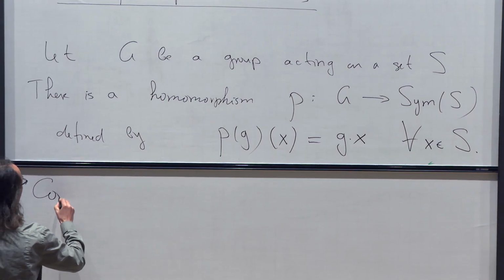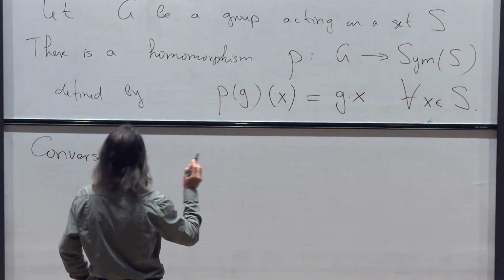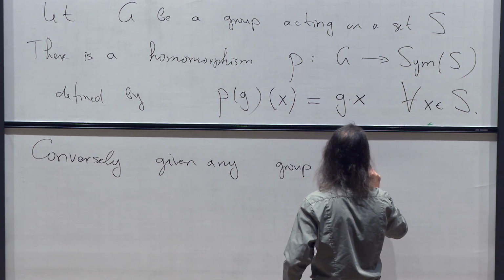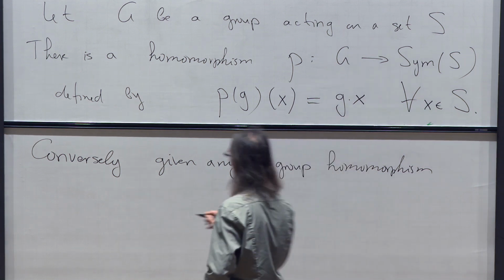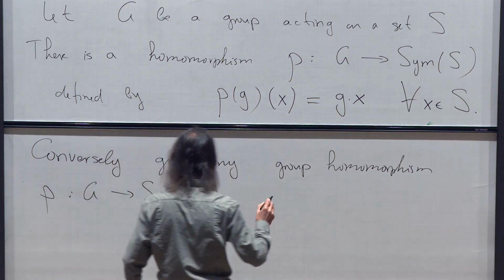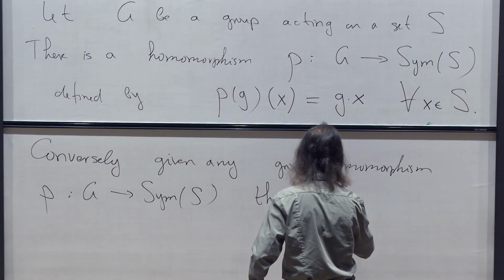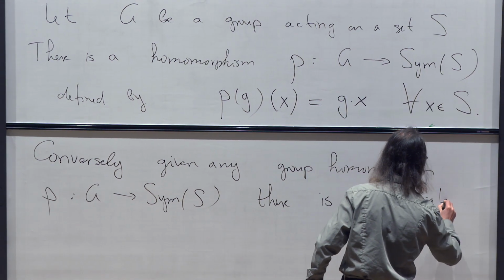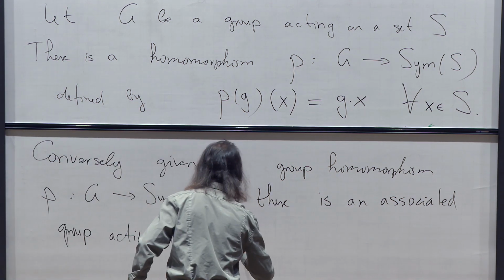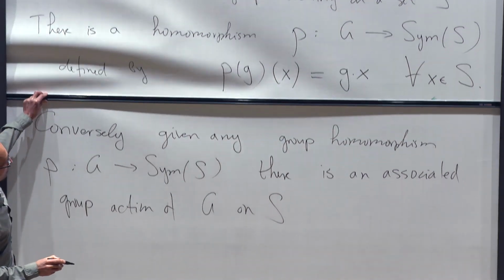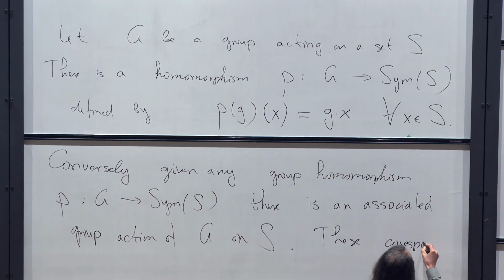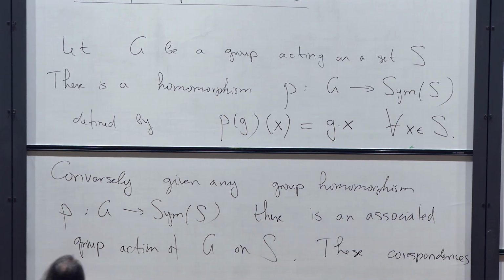Conversely, given any group homomorphism rho as above, there is an associated group action of G on S. And these correspondences are inverses of each other.